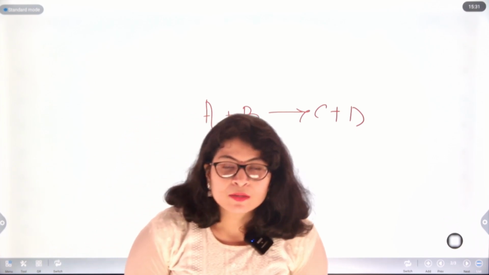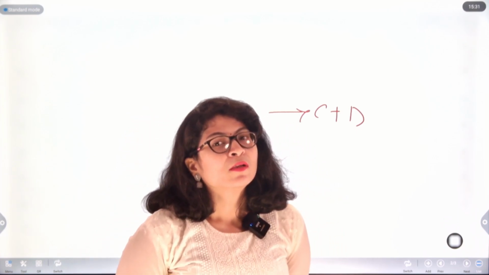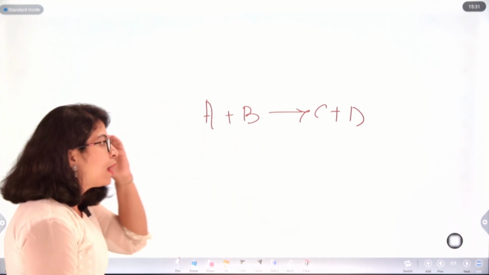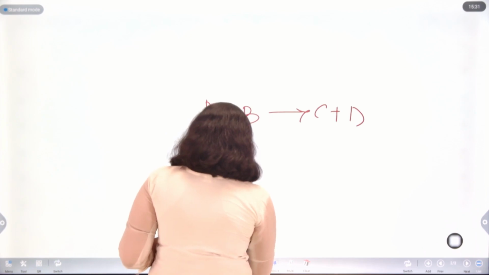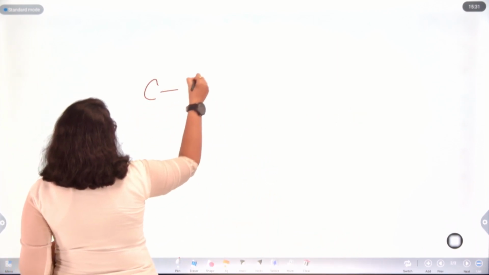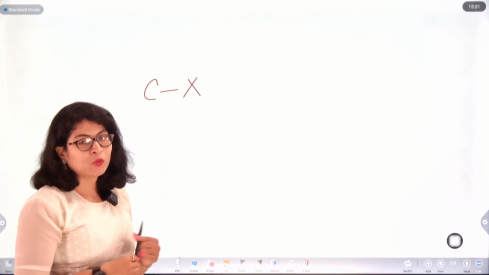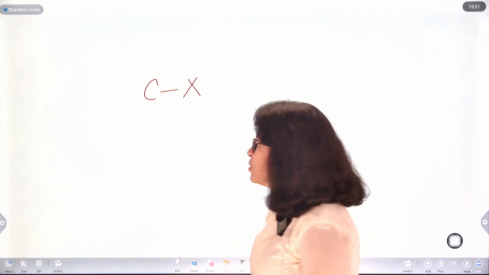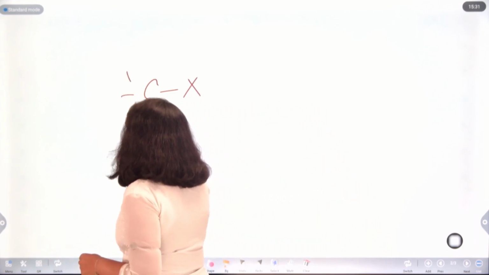Which bonds will break? I am saying organic compound, so obviously there will be a carbon. So if a carbon is bonded to an atom X, how will this bond break? Of course there is hydrogen; if nothing else is there, then hydrogen is obviously there.